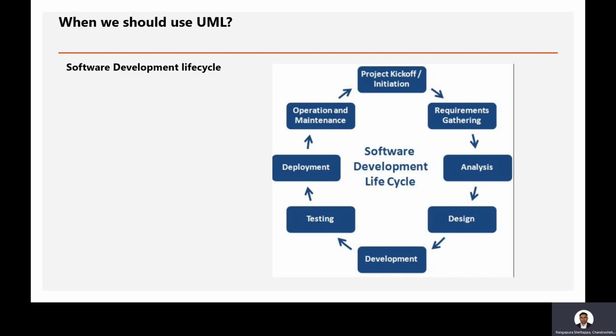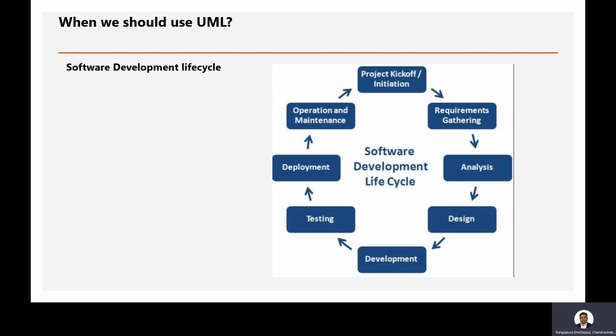So let's now have a look into the software development lifecycle, and figure out which diagrams should be used where. Initially, the project kickoff happens and the requirement gathering starts. This is where the sales colleague approaches the customer and tries to find out what type of problems exist in the customer's system and how software has to be developed to overcome these problems.